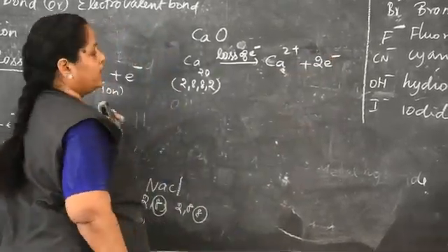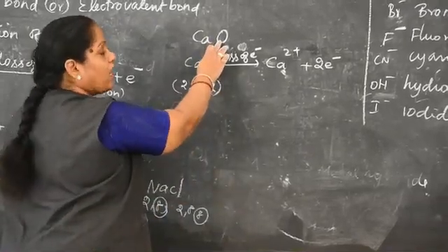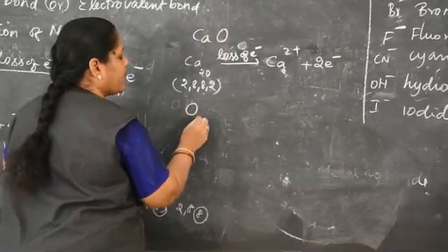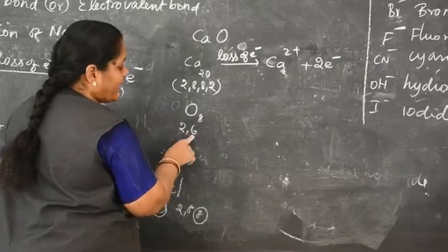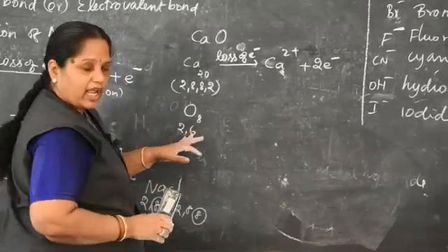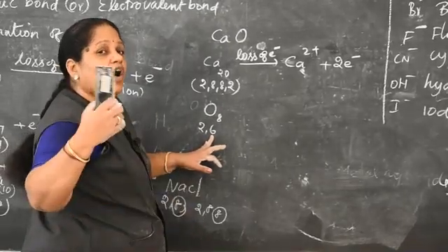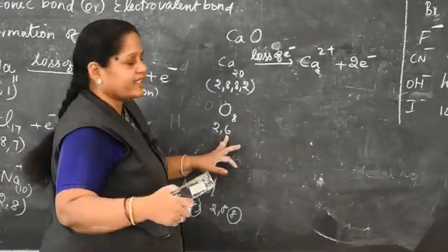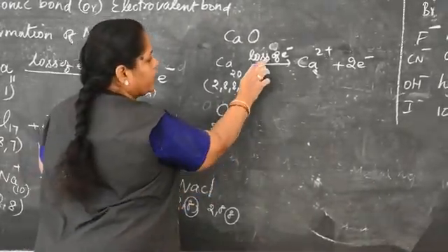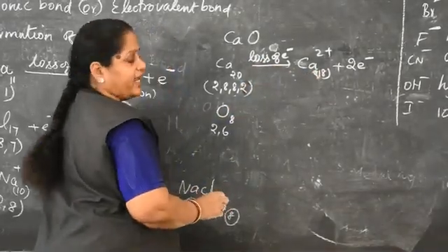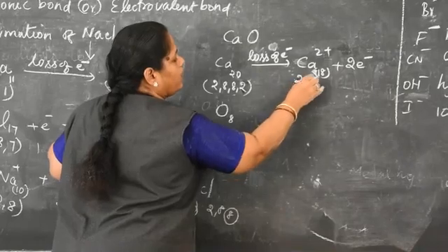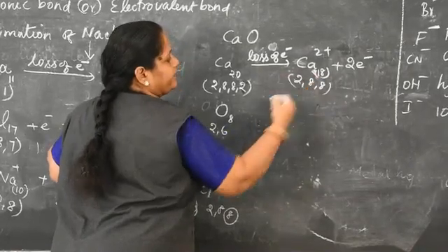Now oxygen. This oxygen atom has atomic number 8, so 2, 6. For attaining a stable configuration, it needs 2 more electrons. Calcium loses 2 electrons, after which the number of electrons is 18 only, so 2, 8, 8.